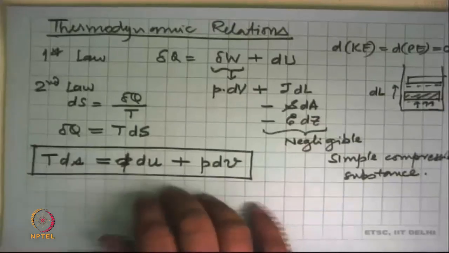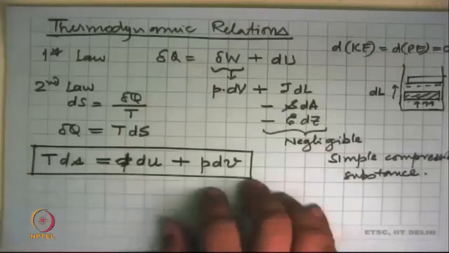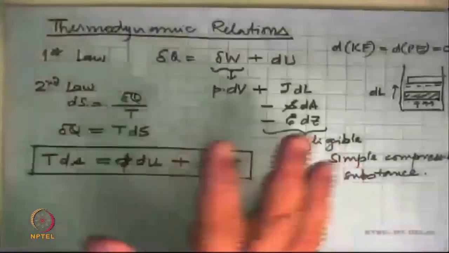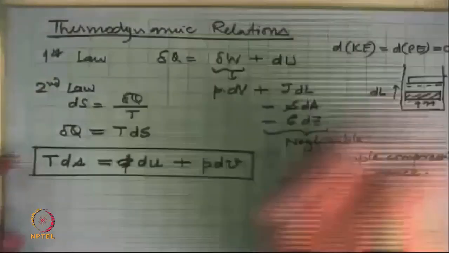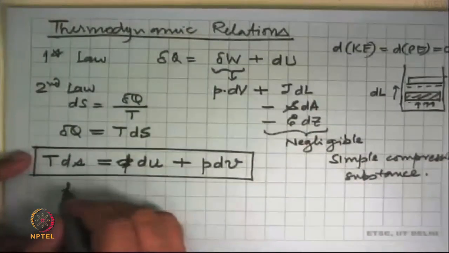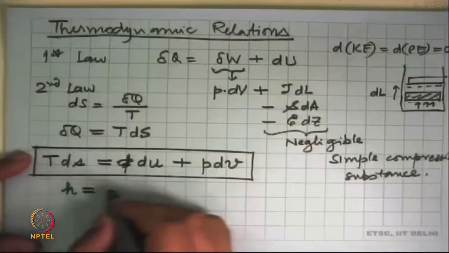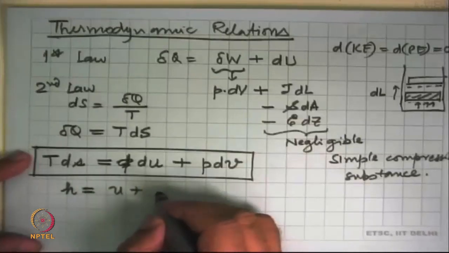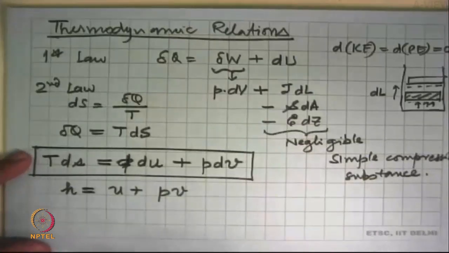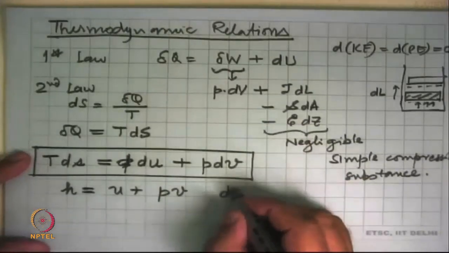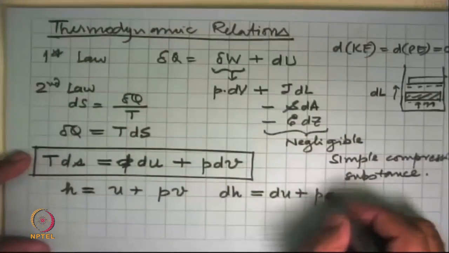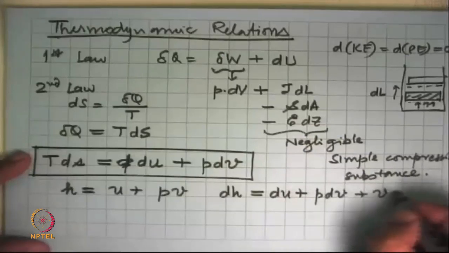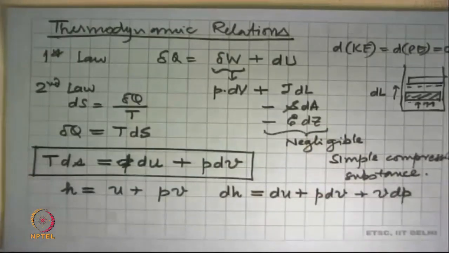This is one relation we will use, and since it involves only properties, there is no restriction on where it is used, where it is not used. The second relation we'll get is by the definition of enthalpy. The specific enthalpy is specific internal energy plus PV, and if we open it up in elemental form, dH is equal to dU plus PdV plus VdP.